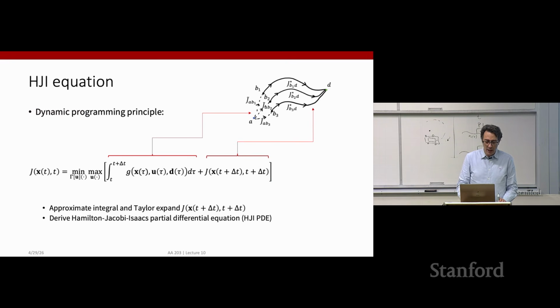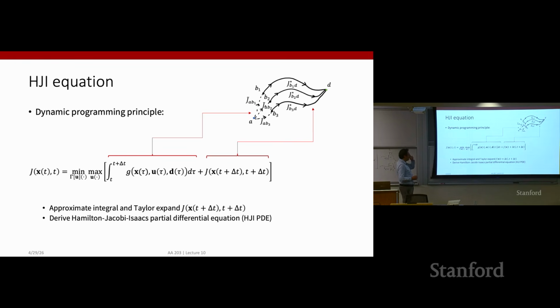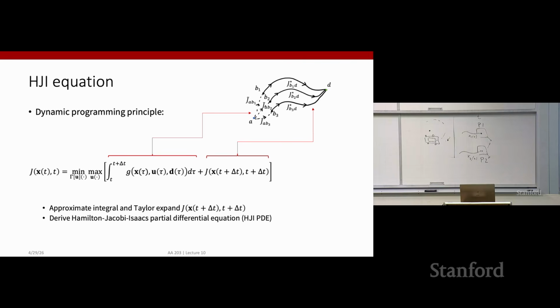Great, all right, so how do we solve this problem? As usual, dynamic programming and the principle of optimality. So the solution is as follows. We decompose the objective into two pieces: immediate reward plus reward to go.